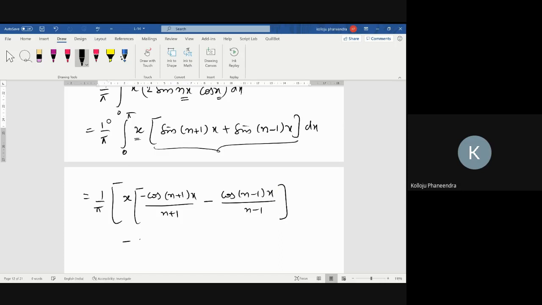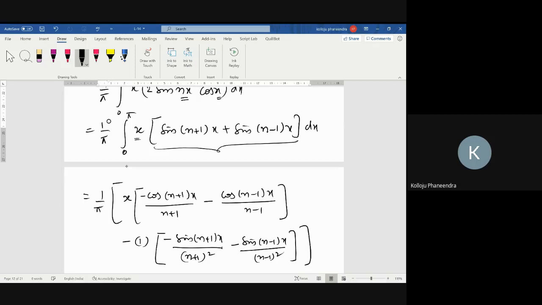Right? Minus x derivative 1, again integration of this: minus sine (n plus 1) x by (n plus 1) whole square, and minus sine (n minus 1) x by (n minus 1) whole square.